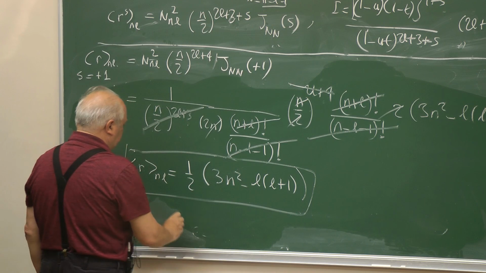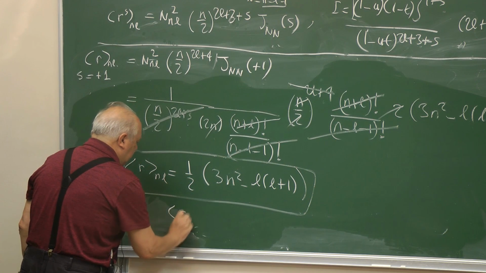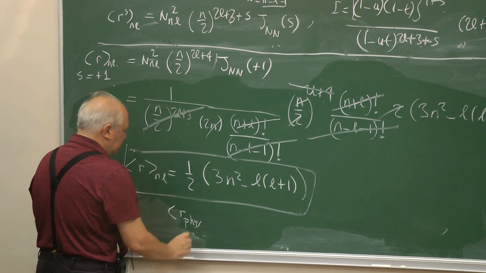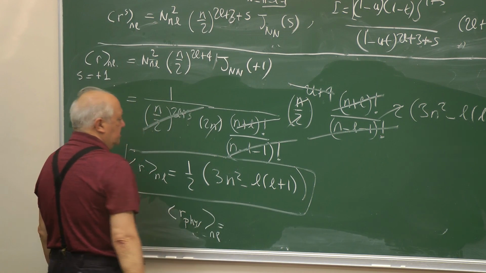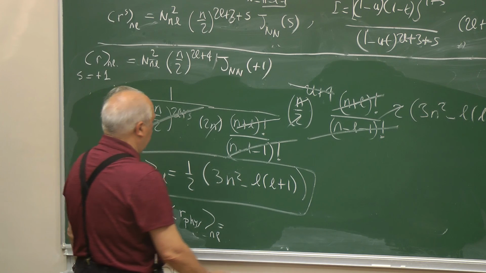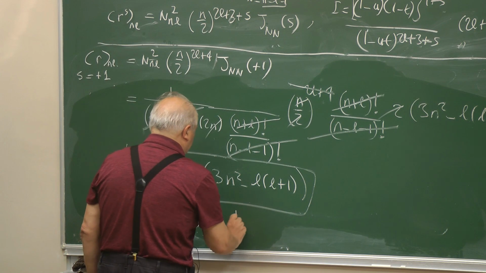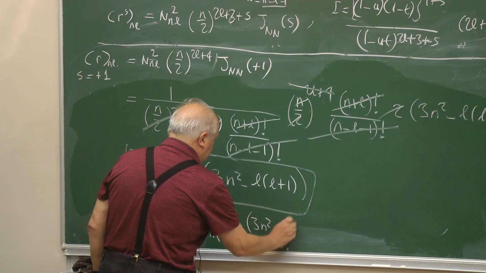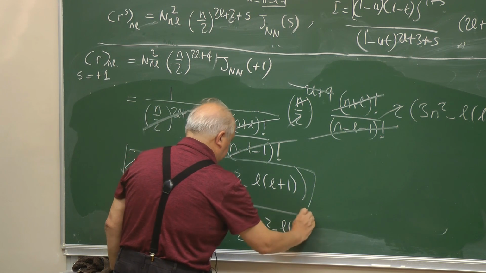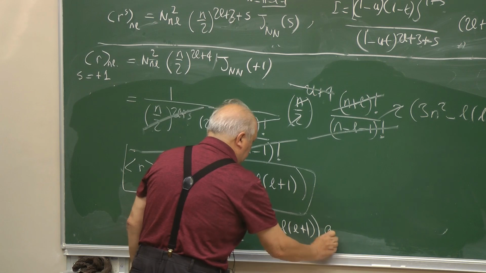Or, if you want R physical, this is dimensionless. R physical n L is 1 over 2 times 3n square minus L times L plus 1, times A0.